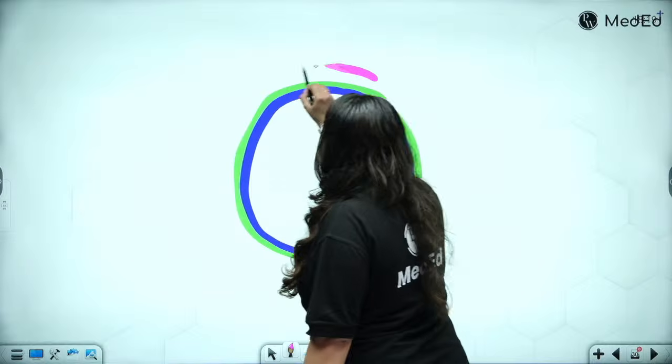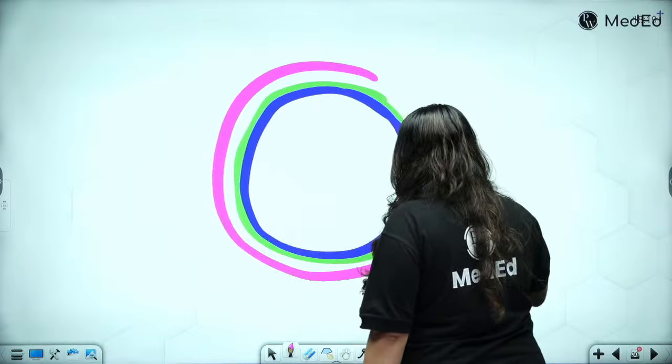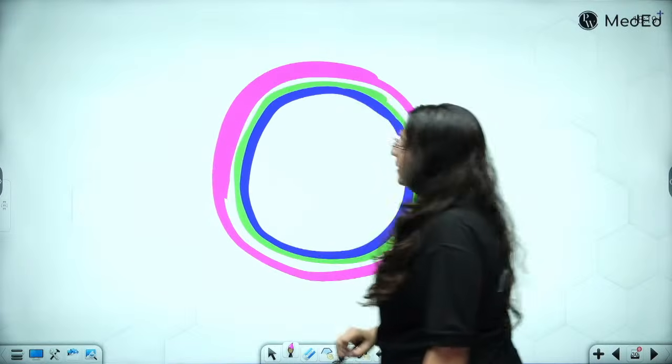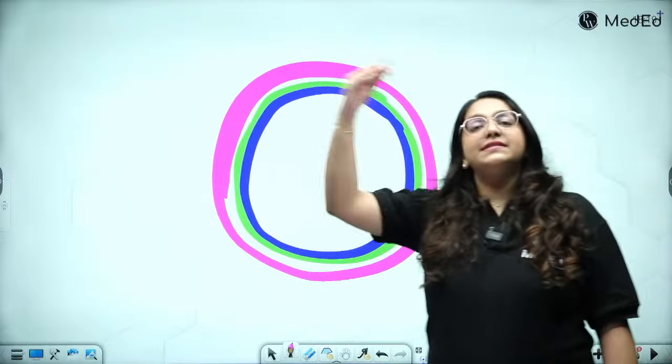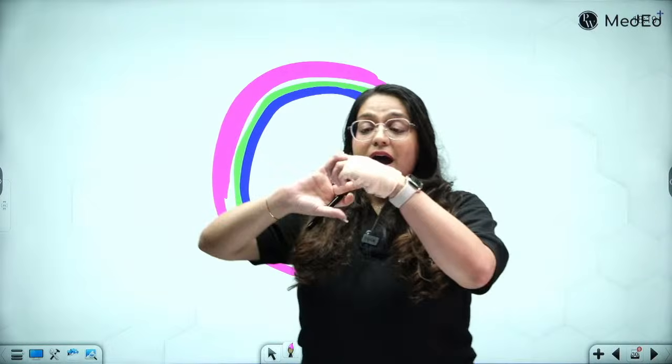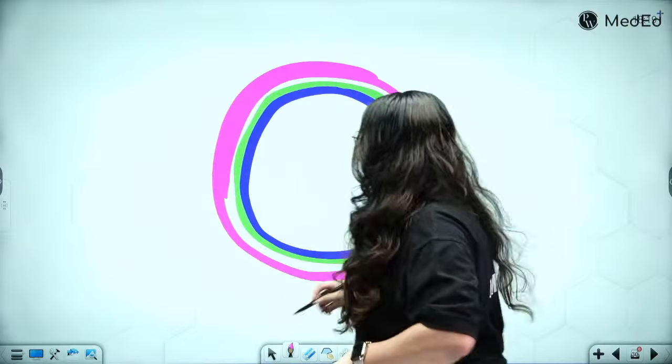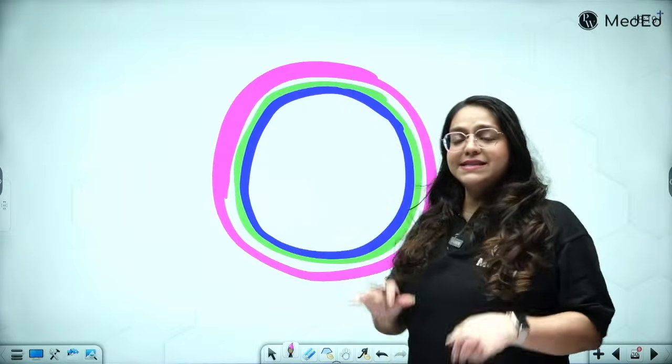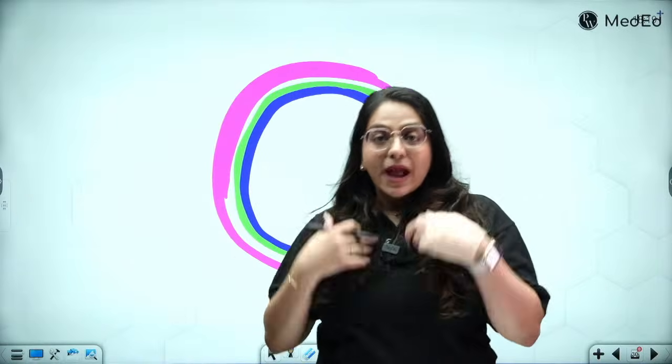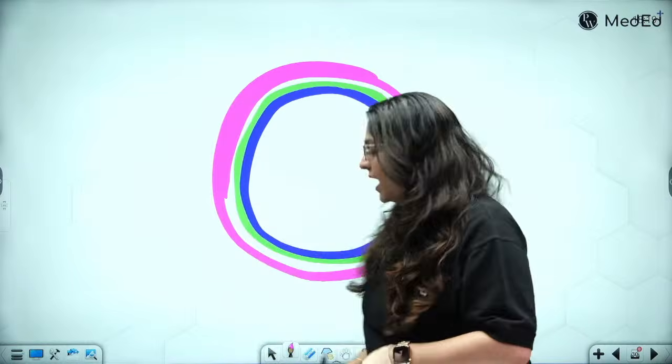Even outside this, there is a fibrous reaction of the body. What is that? Pericyst, something which is formed around the hydatid cyst. Okay, so up till this green thing is the hydatid cyst itself. A layer which has been created by my body to cover the hydatid cyst is something which is outside the hydatid cyst.